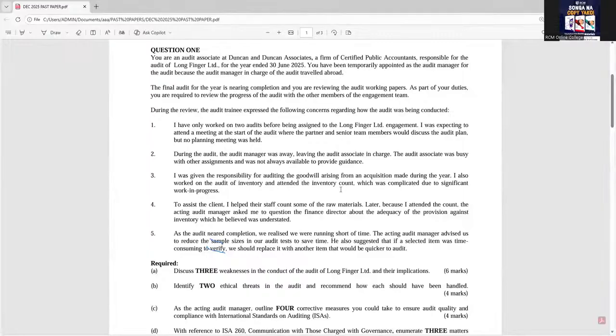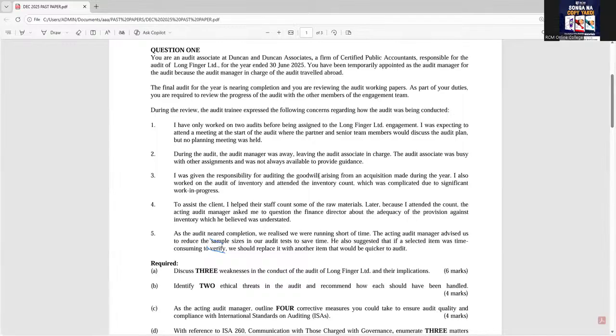complex financial statements. These things of goodwill are very complex. Matters pertaining to group audits are very complex. So they might be lacking the expertise to handle these complex audits.